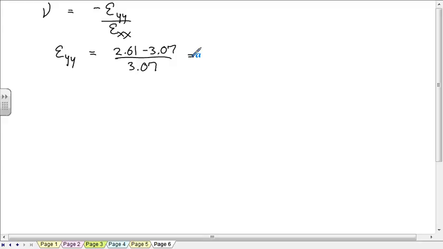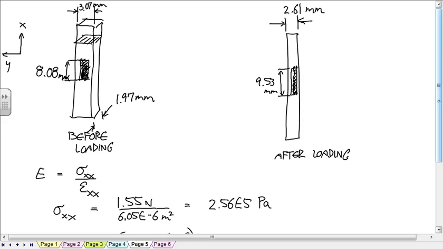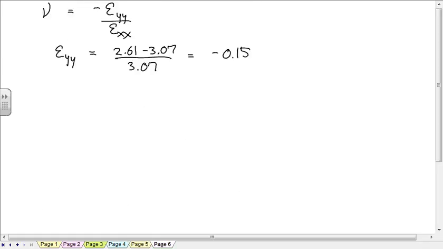What do you get for that? Negative 0.15. What did we get for the other one? Okay, that's not looking good, but we'll keep going.